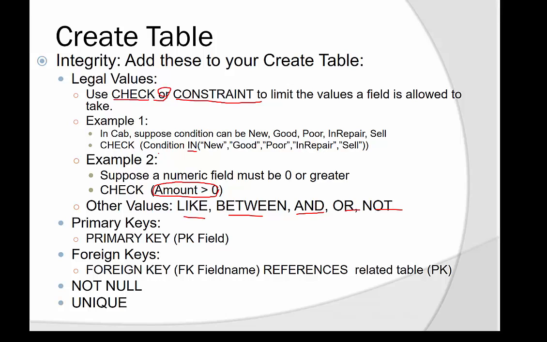So here's an example. Suppose you have a cab, and in a cab you're only allowed to have the values new, good, poor, in repair, and sell for the condition field. So after you've indicated that you need a field called condition, and this looks like I would do probably a varchar with about 7 for the data type, then you can add this check constraint.